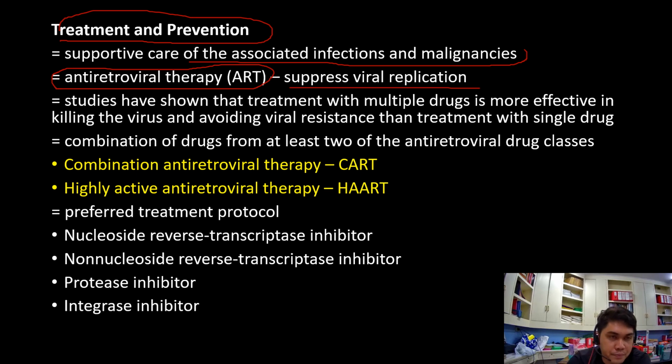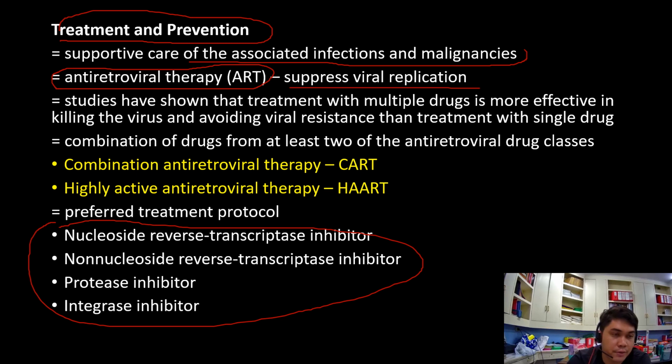So usually for treatment of HIV, it's a combination of 4 kinds of drugs. For example, you have nucleoside reverse transcriptase inhibitor, then non-nucleoside reverse transcriptase inhibitor, then protease inhibitor, and integrase inhibitor. The combination of drugs from at least 2 of the antiretroviral drug classes is called combination antiretroviral therapy or CART, also known as HAART, meaning highly active antiretroviral therapy.